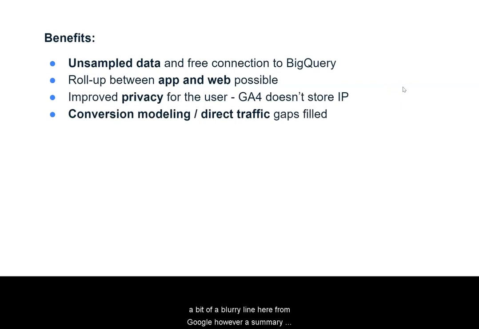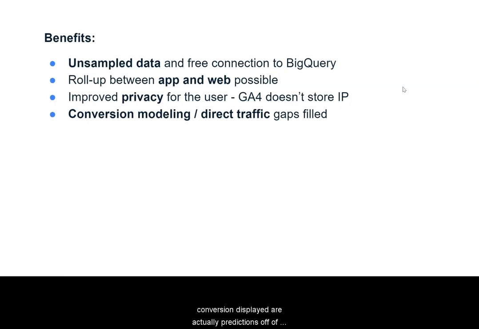So the next benefit is around conversion modeling. There is a bit of a blurry line here from Google. However, a summary of this is that if there are cookie limitations on a particular browser, or users have disabled their cookies, GA4 will predict that user's behavior based on similar activity of users it is able to track.